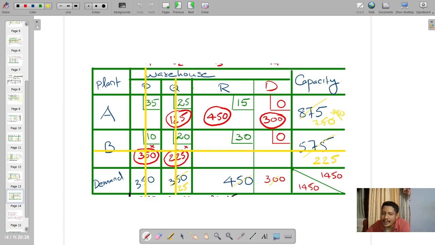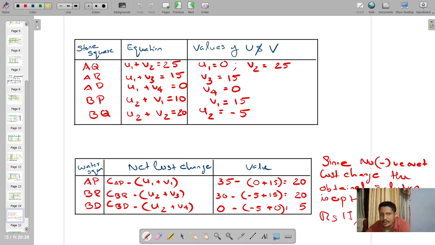Now you calculate the U and V decomposition for the stone squares. I have already calculated it here, so you can get the corresponding U and V values. Then calculate the net cost change for the water squares, which are AP, BR and BD.